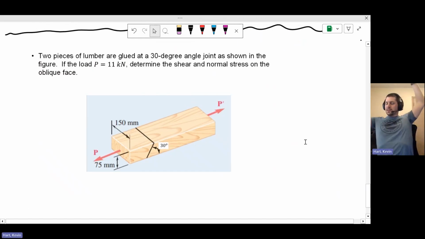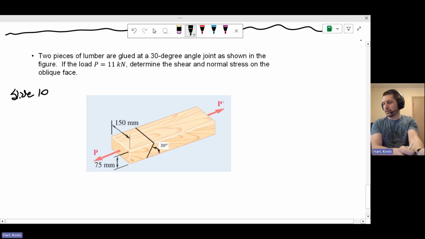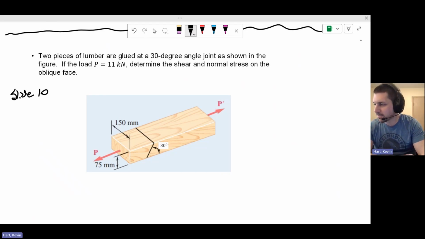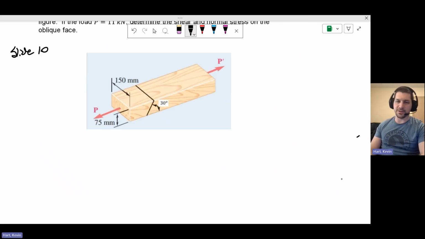New problem. This is the second example problem from slide 10. Two pieces of lumber glued together at a 30-degree angle, as you can see there. The load P is 11 kilonewtons. Determine the shear and normal stress on the oblique face. Okay, so this is related to the last bit of lecture that we were talking about today. All right, this one's much more straightforward than the last example problem.